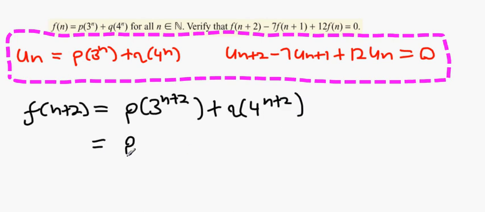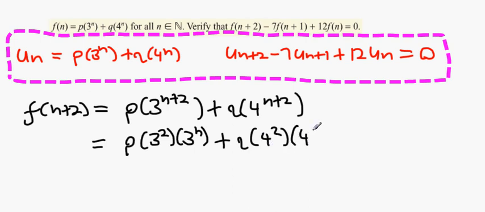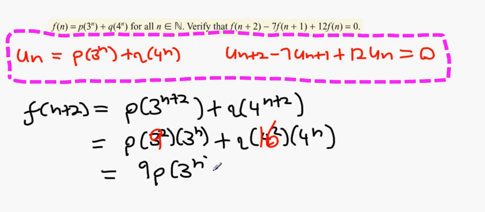I'm going to go p, this is going to be 3 squared by 3 to the n. This is going to be plus q times 4 squared by 4 to the n. And then what we're going to get is, this is going to be a 9. This is going to be 16. And then we're going to have 9p 3 to the power of n plus 16q 4 to the power of n.